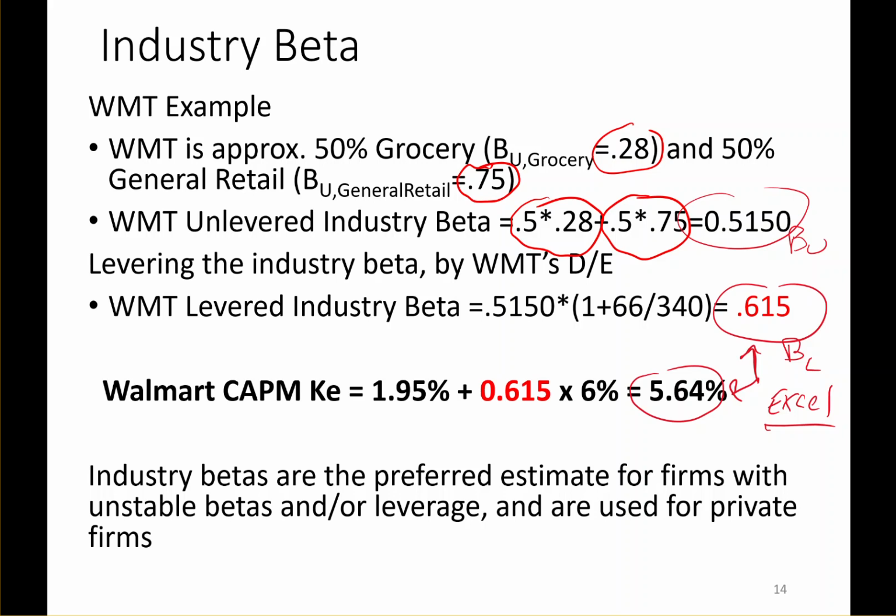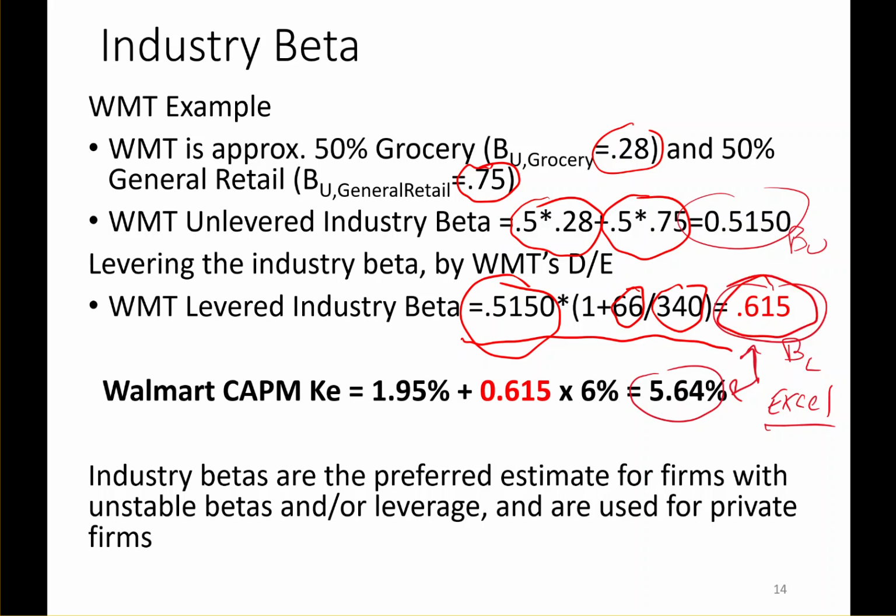So that in theory would be the beta of a company that's half groceries and half general retail that has zero debt, unlevered. But we know Walmart doesn't have zero debt. They have $66 billion of debt and $340 billion of equity. So what I'll do is take my formula, unlevered beta times 1 plus the D/E ratio, and lever Walmart's theoretical unlevered industry beta by Walmart's D/E ratio.